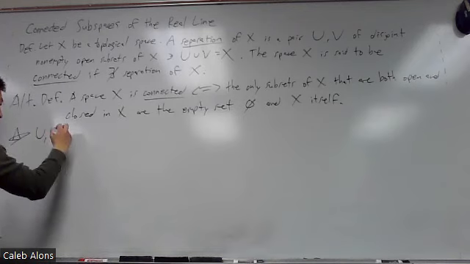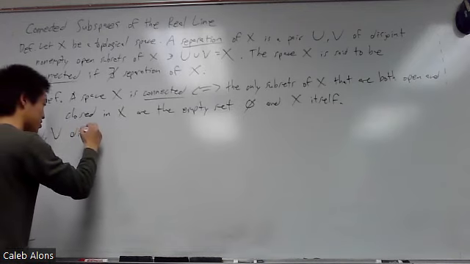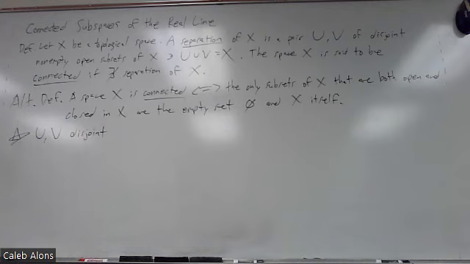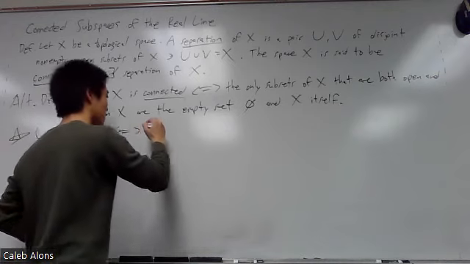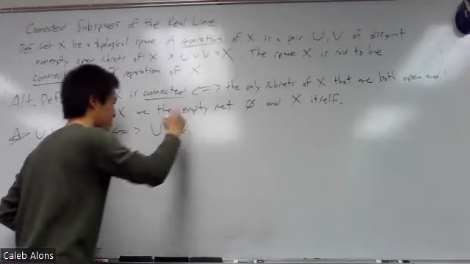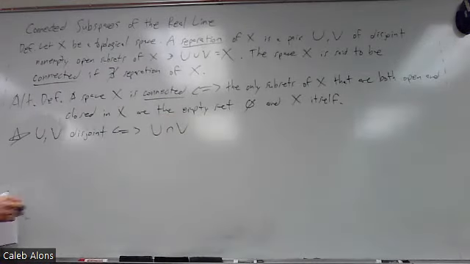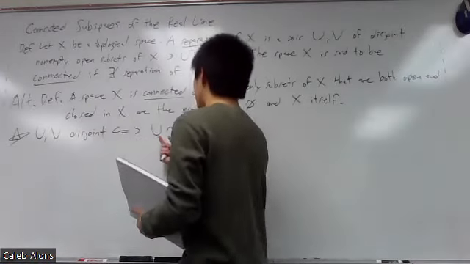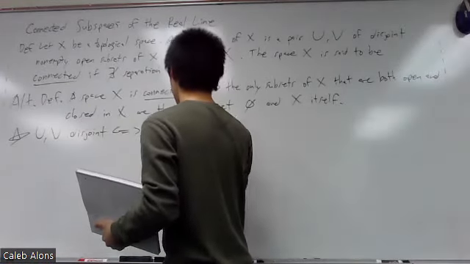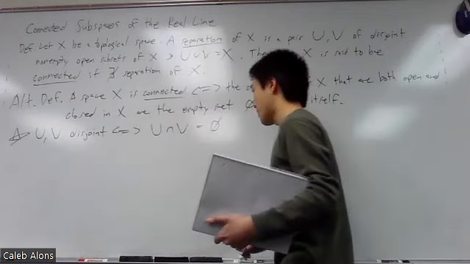So disjoint. What it means for U and V to be disjoint basically means they don't intersect. So if I take the intersection of the elements in U and V, then there should be nothing in between them, right? So disjoint, this idea they're separated. If I intersect them, there shouldn't be anything in their intersection.